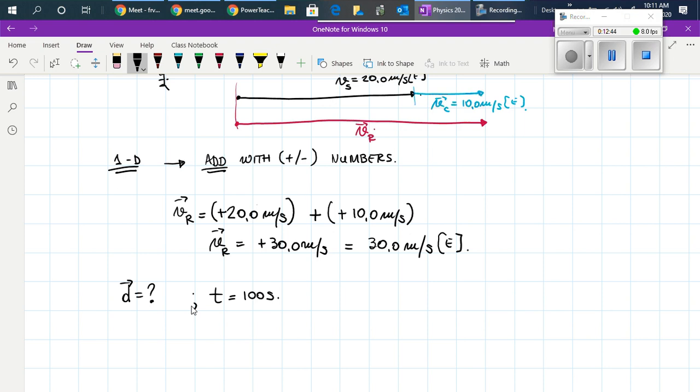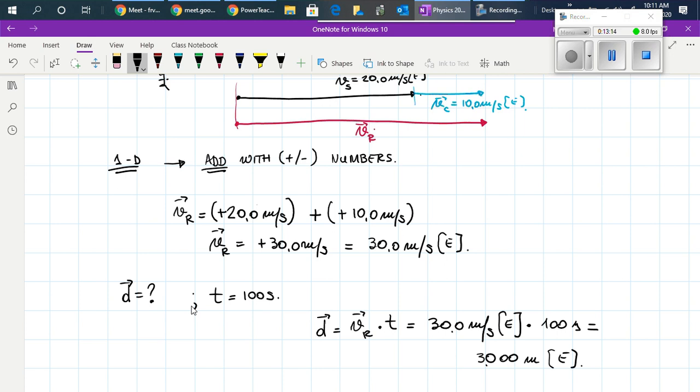Then, being a uniform motion, the total displacement will be the resultant velocity times time. So this will be 30 meters per second going east times 100 seconds, and this will be 3,000 meters going east. Does this make sense?